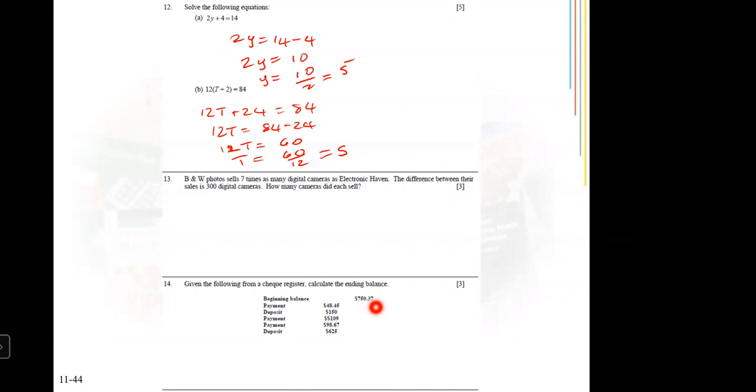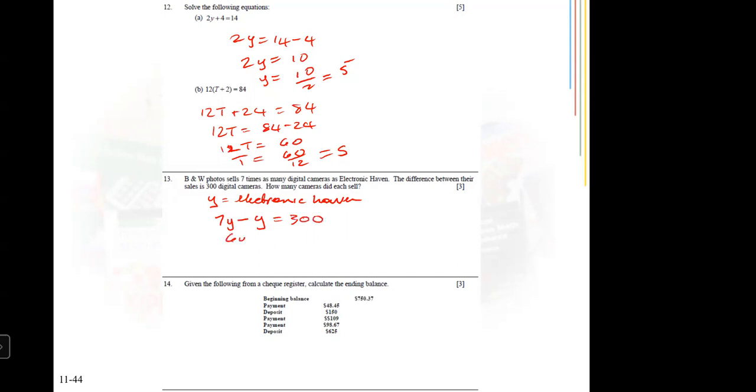Okay, number 13, we could use Y to represent the sales for Electronic Haven. So based on what we have here, we could say 7Y. One sells 7 times as many as the other. The difference is 300, so that's 7Y minus Y equals 300.